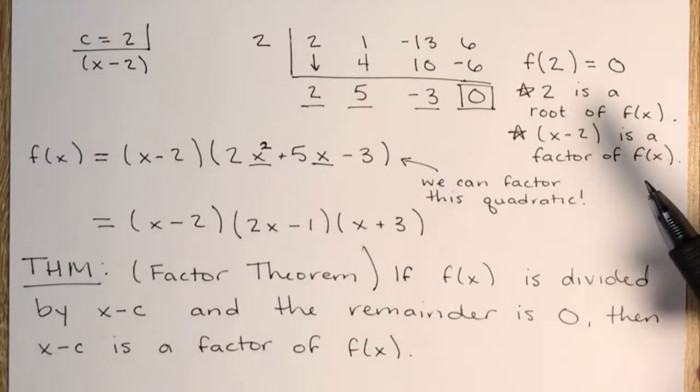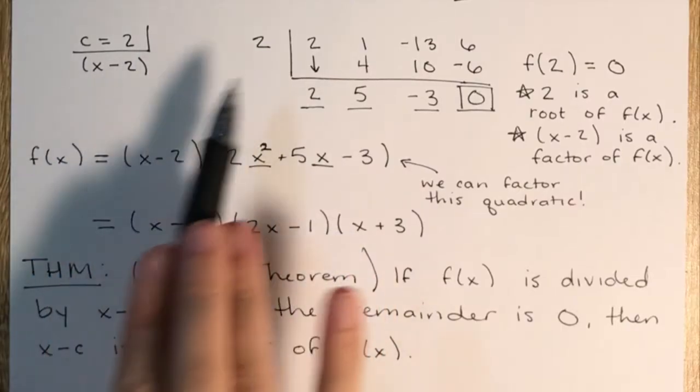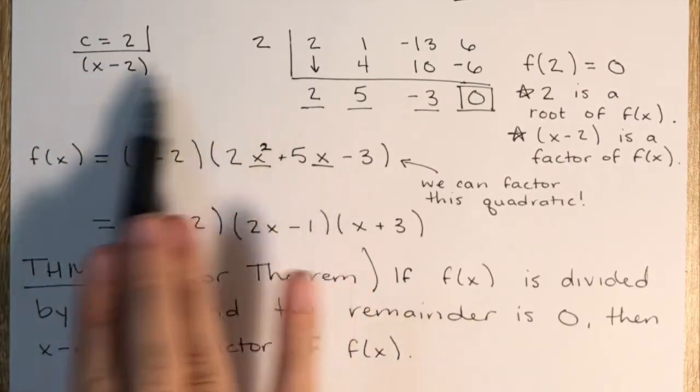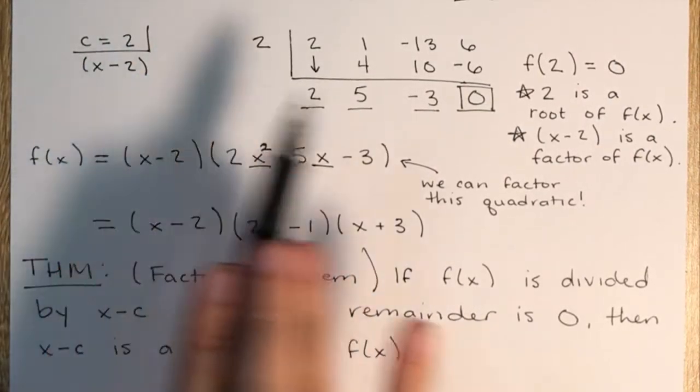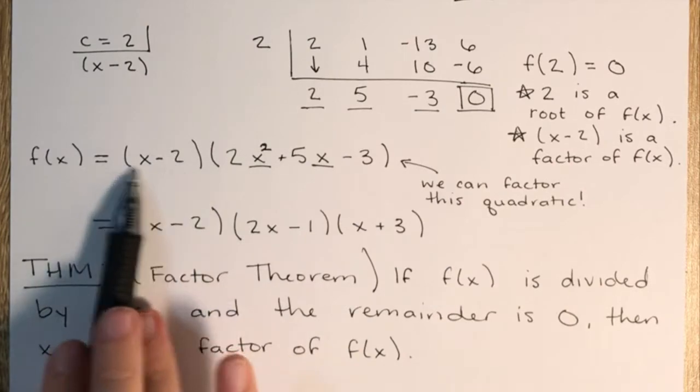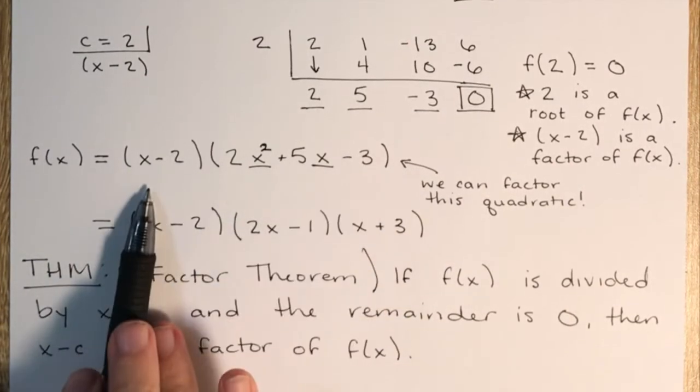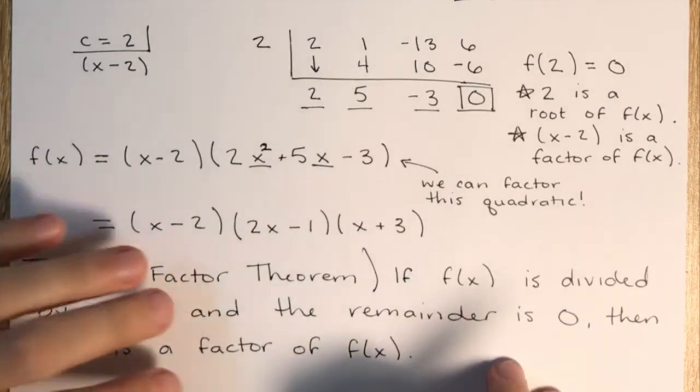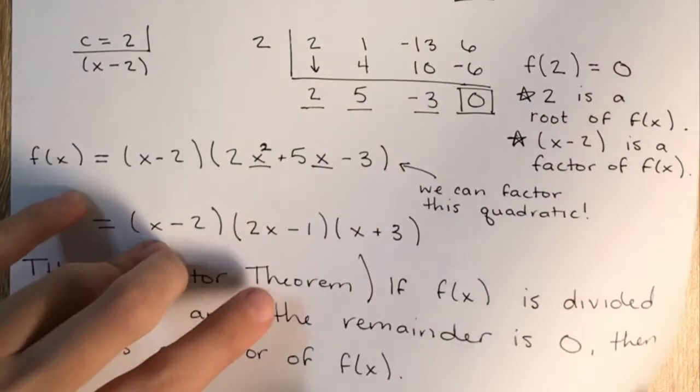Right, we saw that in the example above. We used synthetic division to divide f of x by x minus 2, and we ended up finding out that x minus 2 was a factor of the function. How can we use this? A lot of times the way we'll see this is we're given a function.